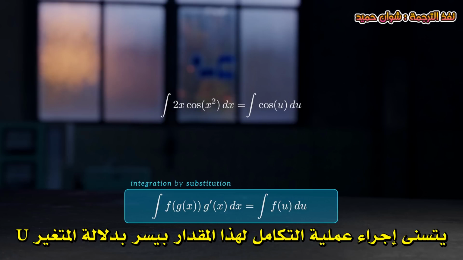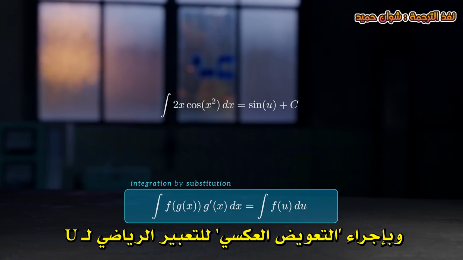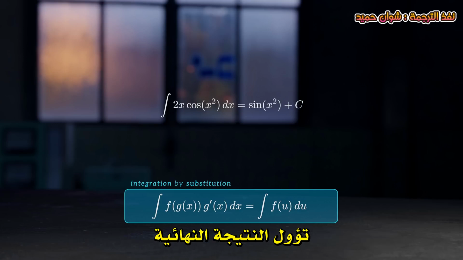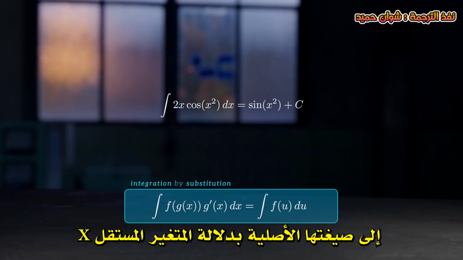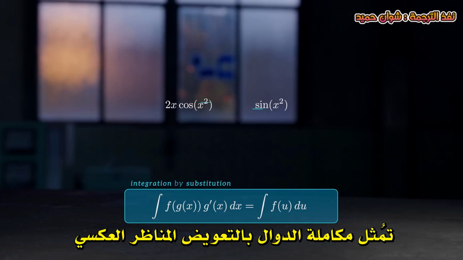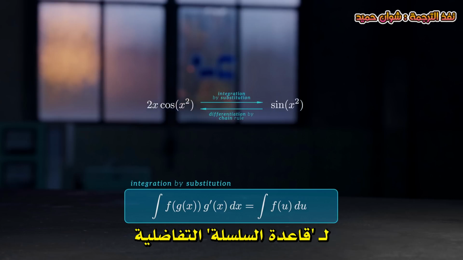This can easily be integrated with respect to u. And substituting the expression for u back in gives the final answer in terms of the original variable, x. Integration by substitution is essentially just the reverse of the chain rule.